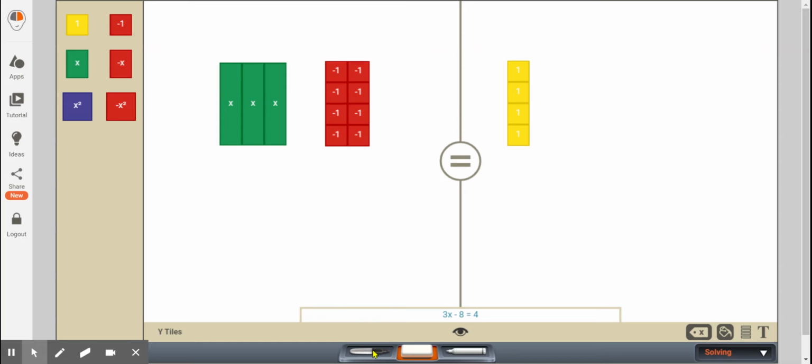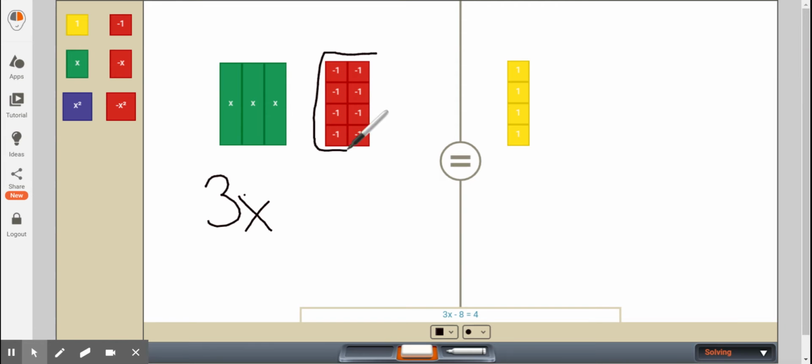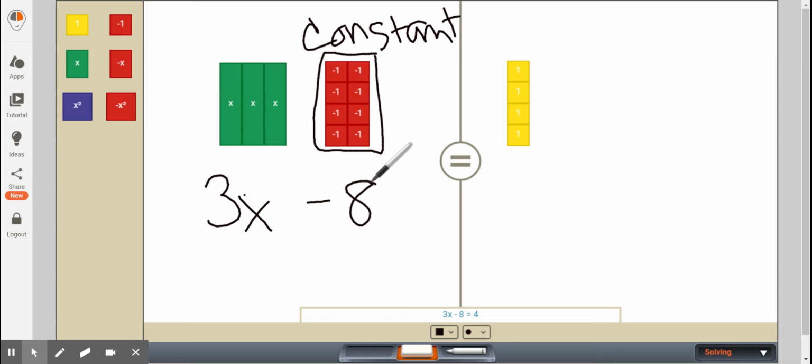Okay, so now let's write our equation here. So on the left side, we have 3x, and then there's 8 negatives. So we count all the negatives. So these are going to be the constants. And so it's 8 negatives, or we can just do subtracting 8.